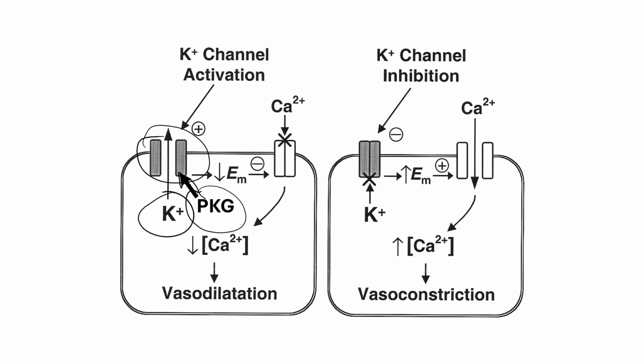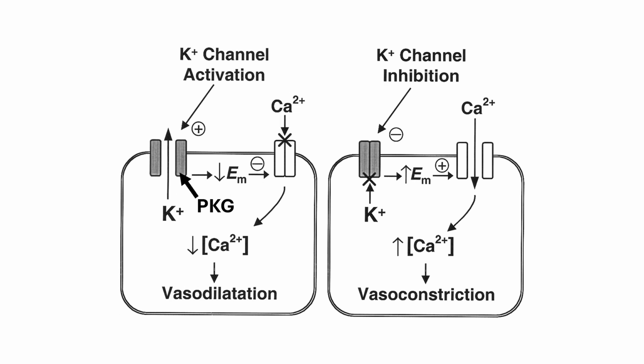That would allow potassium out, which would cause the interior to become more negative because it would be losing positively charged potassium ions. The interior would hyperpolarize, and the voltage-gated calcium channels within the plasma membrane would not be able to open up, and calcium would not be able to come in through that mechanism. That would also contribute to relaxation of the smooth muscle cell.